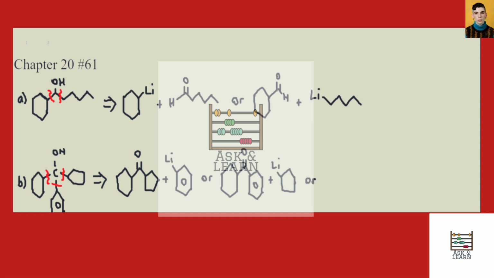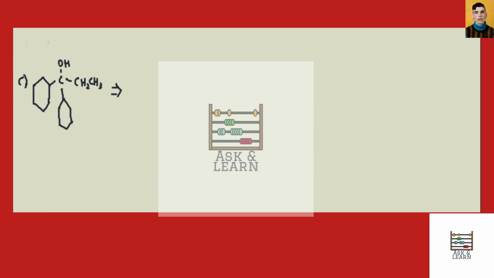Or the third choice would be the phenyl ring on one side, the cyclopentane on the other, and the cyclohexane as the lithium reagent. Okay, so that's B, and then we'll do the exact same thing for C.